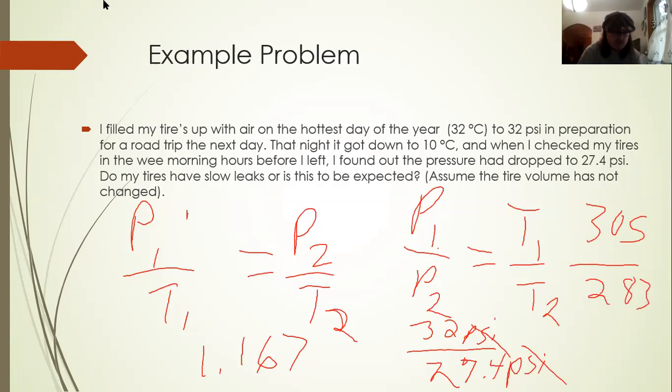This ratio is still 1.167. Well, survey says no. We have 1.07. So we have lost some pressure in the gas. The temperatures cannot change, but the pressures can.